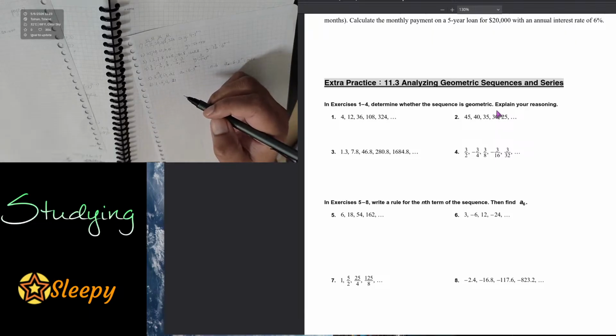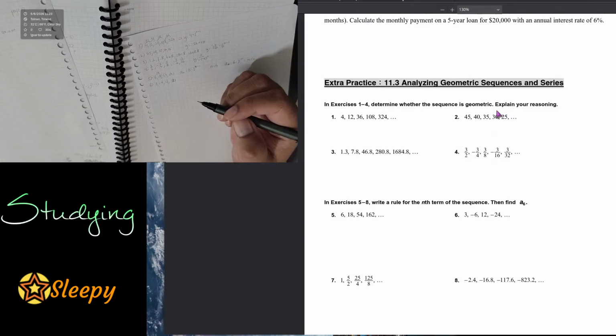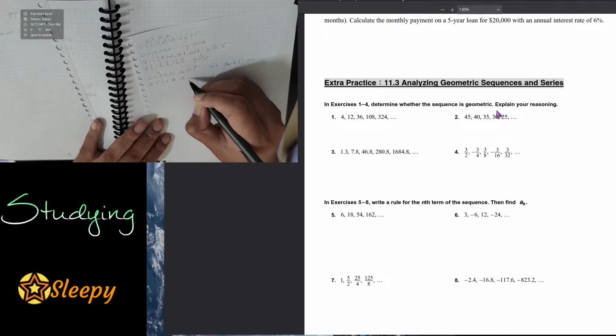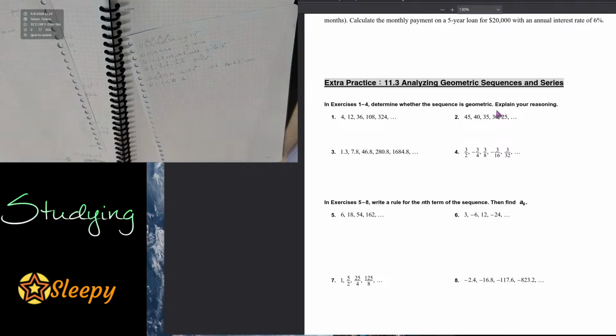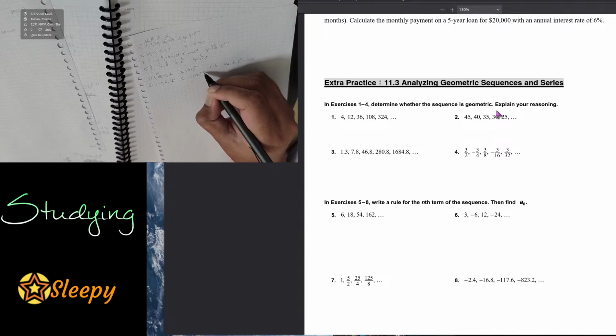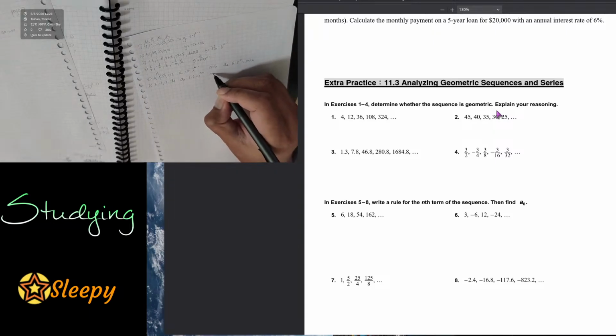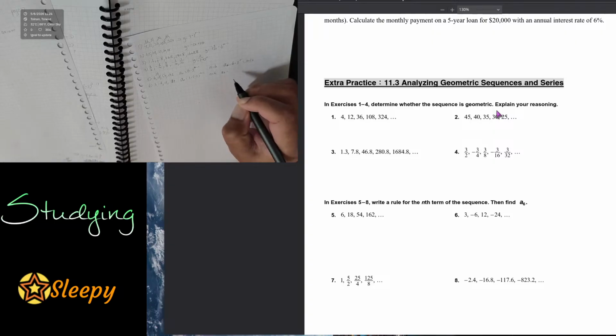So it's 3 times minus 2 to the power of n minus 1, with n is 6, so a_6 is 3 times minus 2 to the power of 5.